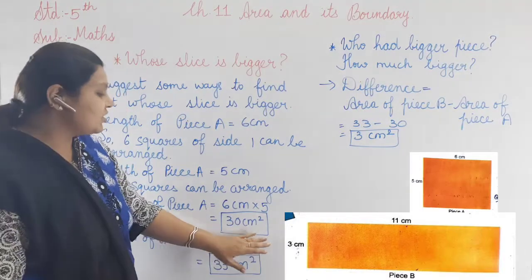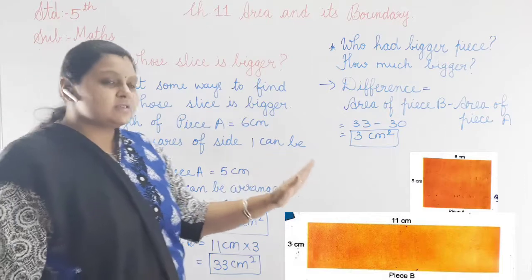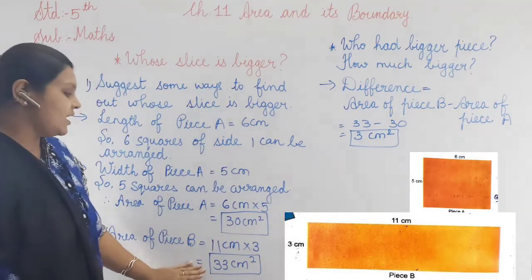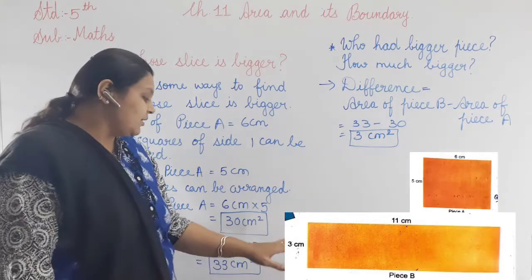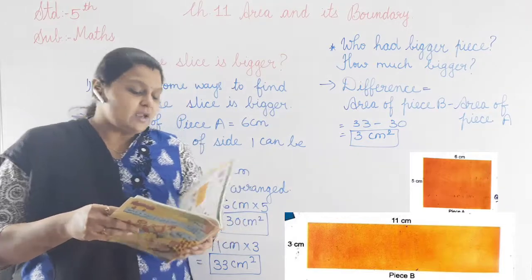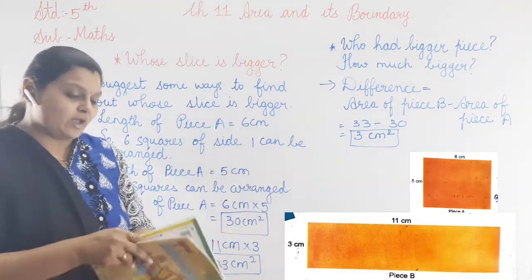It can be 30 squares. If I start counting squares, it could be 30. In the same way for piece B, if I count squares, it could be 33. So the area of piece A will be 30 cm square.